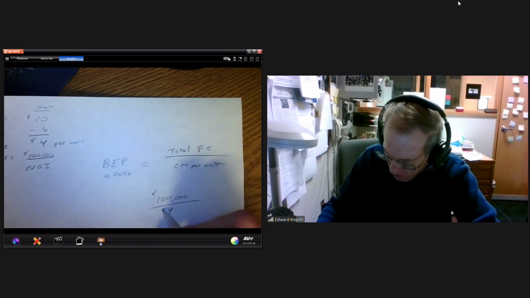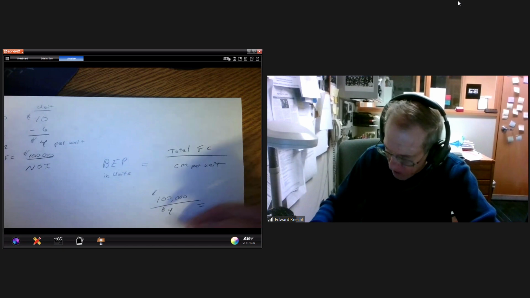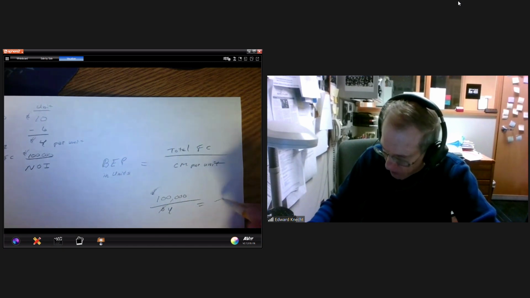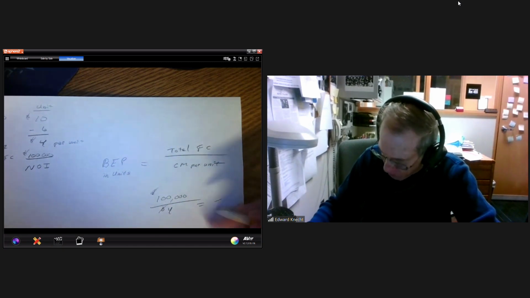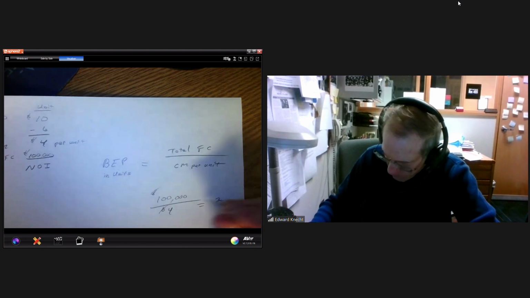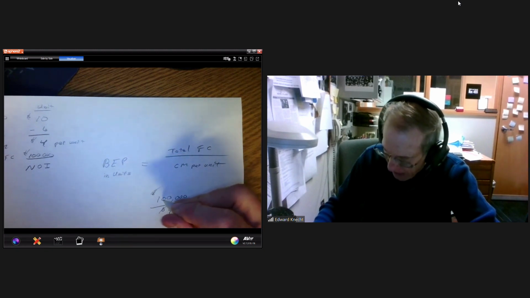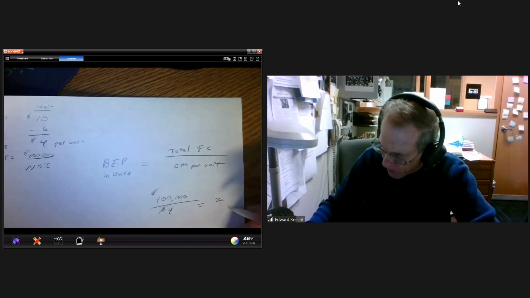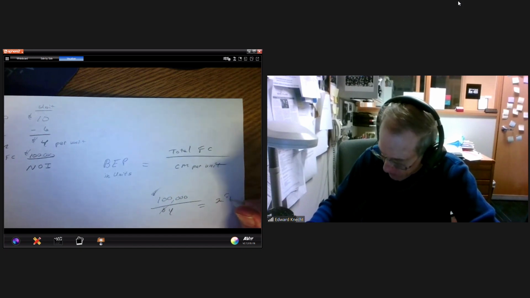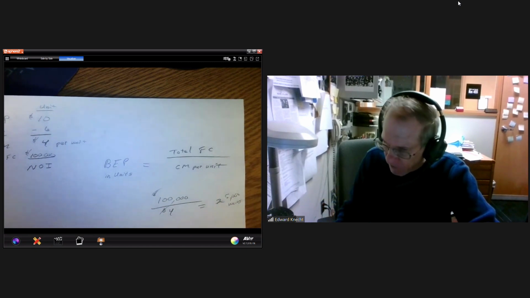So if we got dollars dividing into dollars, what are we going to end up with? 4 into 10 is 2. 8 minus 10 is 2, carries over. Now 4 into 20 is 5. So we got to sell 25,000 units to break even.